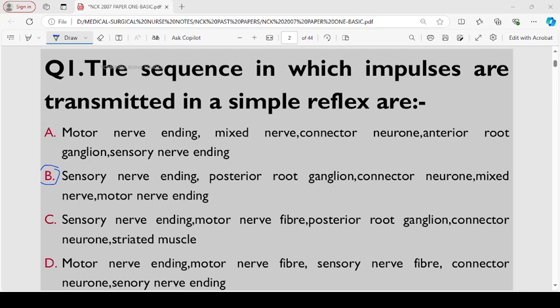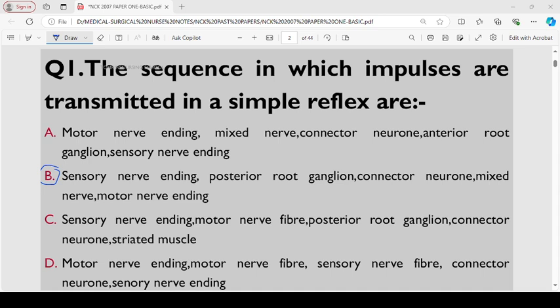You find that option A is wrong because the reflex arc ought to begin with the sensory receptor and it must end with motor responses and not the other way around.